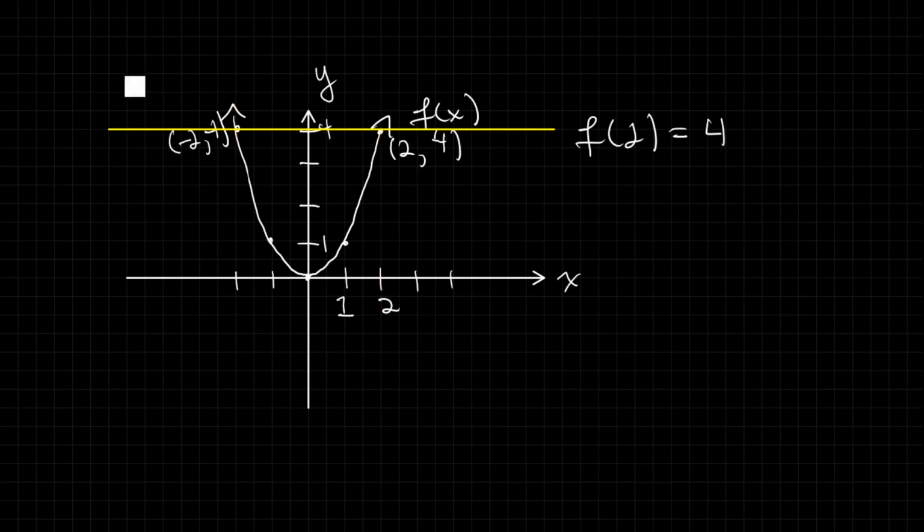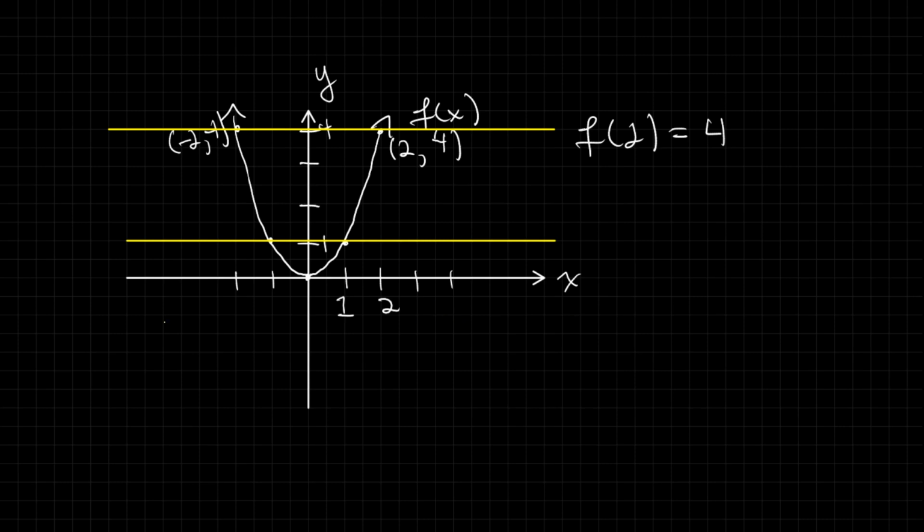Now, the important thing here is that if your horizontal line intersects the graph twice, you're going to have multiple inputs which give you that output. So for example, at y equals 1, you have multiple crossings. You have multiple inputs which give you the output of 1, namely plus and minus 1.